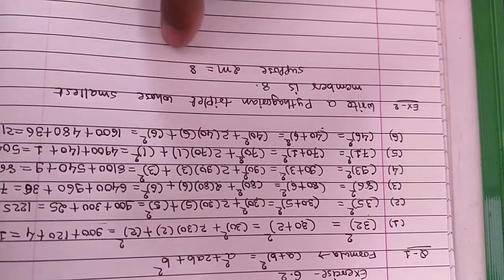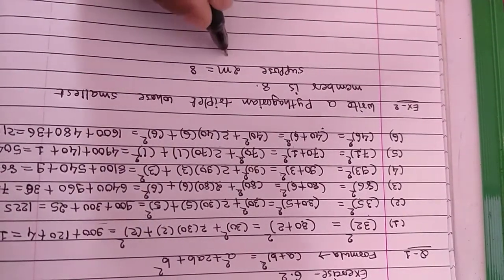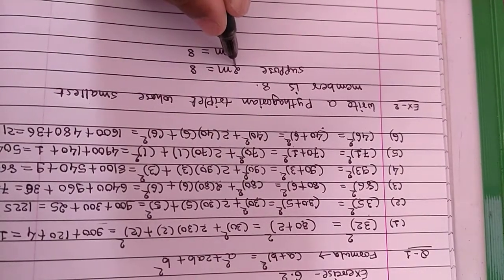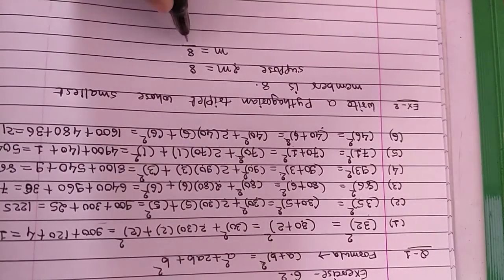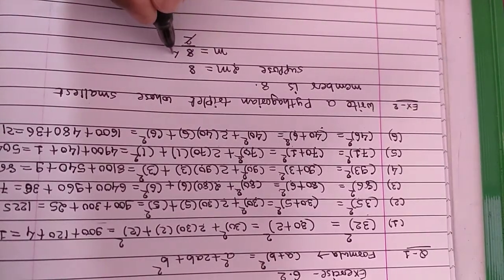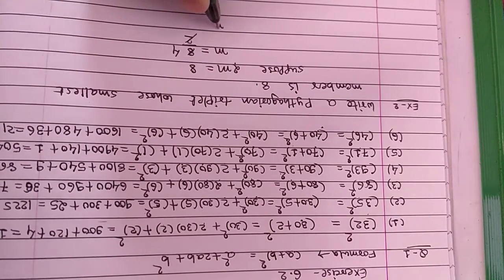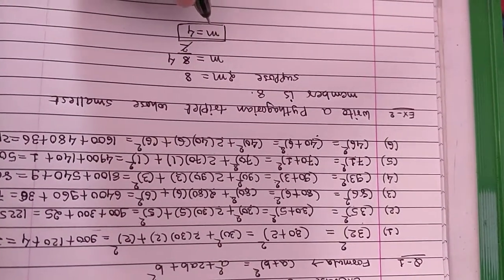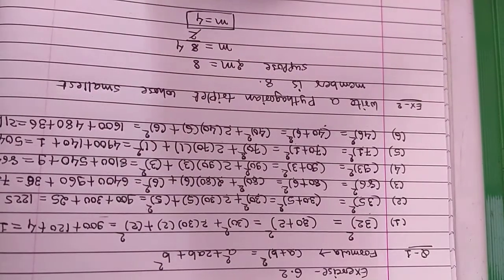Here 8 is the value of 2m, so m is equal to 8 divided by 2. The 2 is in multiplication, so it goes to the denominator. 2 fours are 8. So m is equal to 4.